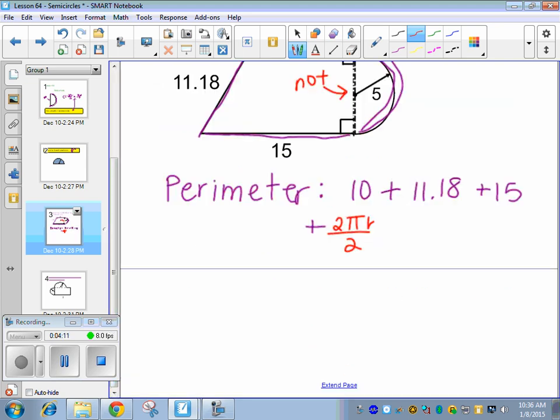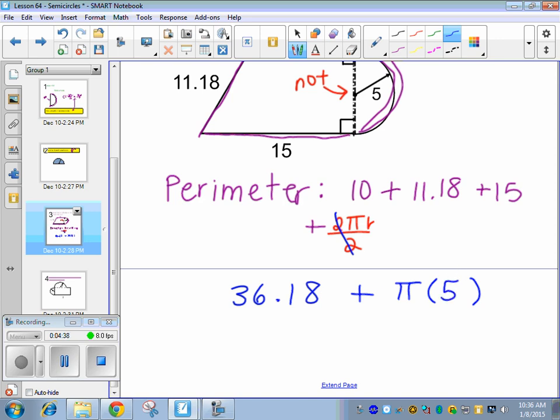So for our second step, let's add these numbers up. Anybody got that? Anyone add those up yet? Okay, 36.18. And now let's add this circle piece. Right here, we can actually cross those 2's off, right? 2 divided by 2 cancels, gives us 1. And we get pi times r. What should I plug in for r?